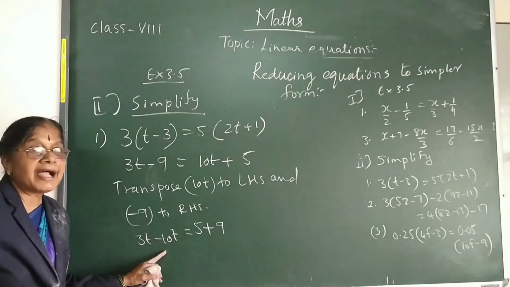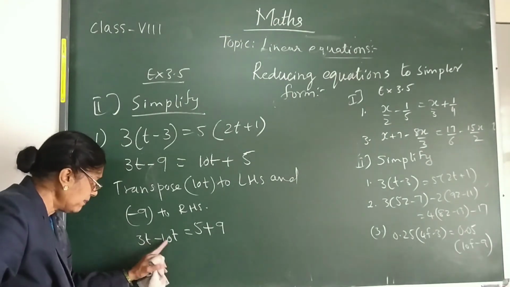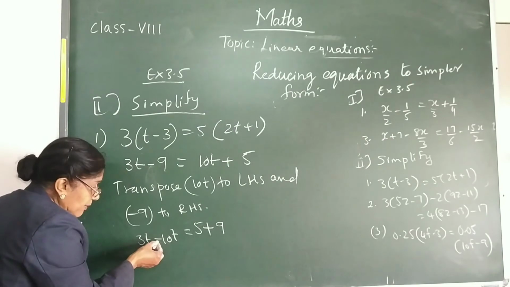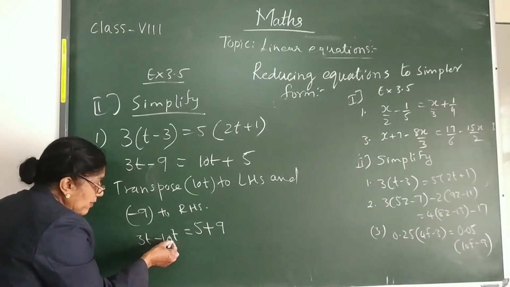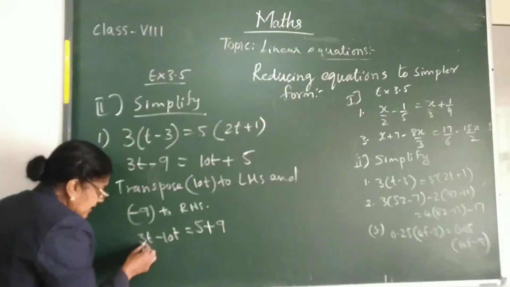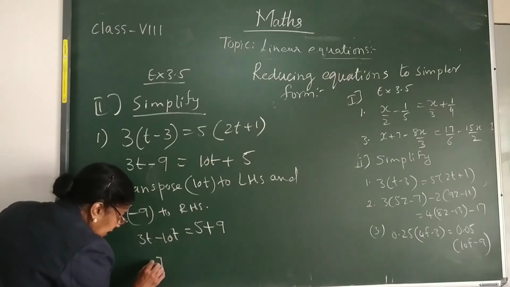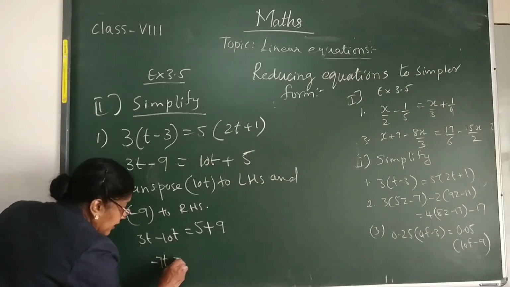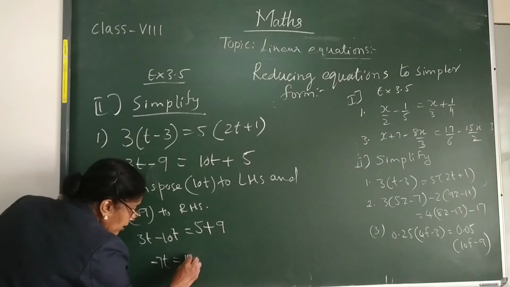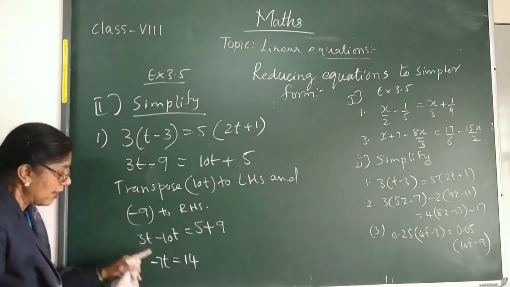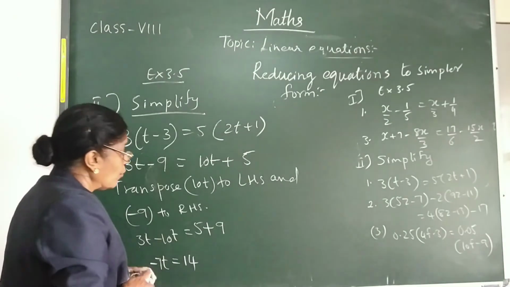What is 3t minus 10t? See, 10 is the bigger number, minus sign is there. So from 10 you subtract 3. 10 minus 3 is 7. Bigger number is negative, so minus 7t you will get. 5 plus 9, how much is it? 14. So I got minus 7t is equal to 14.